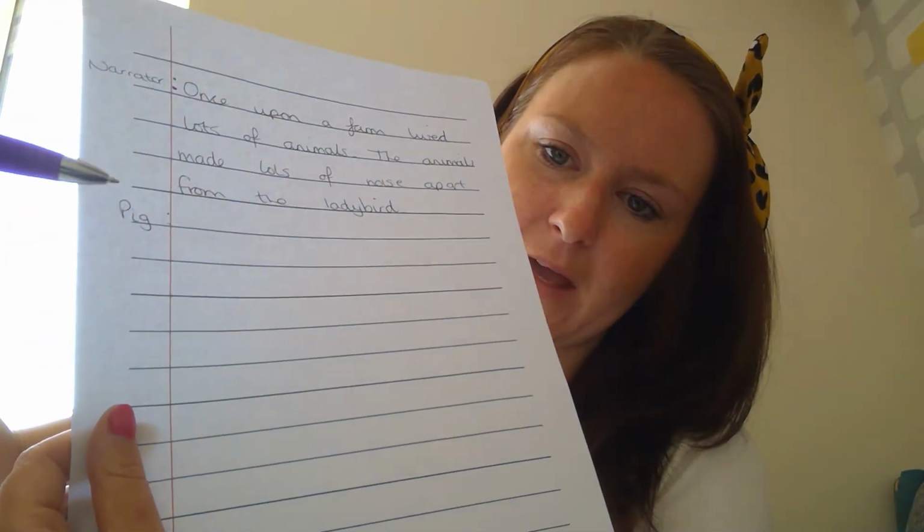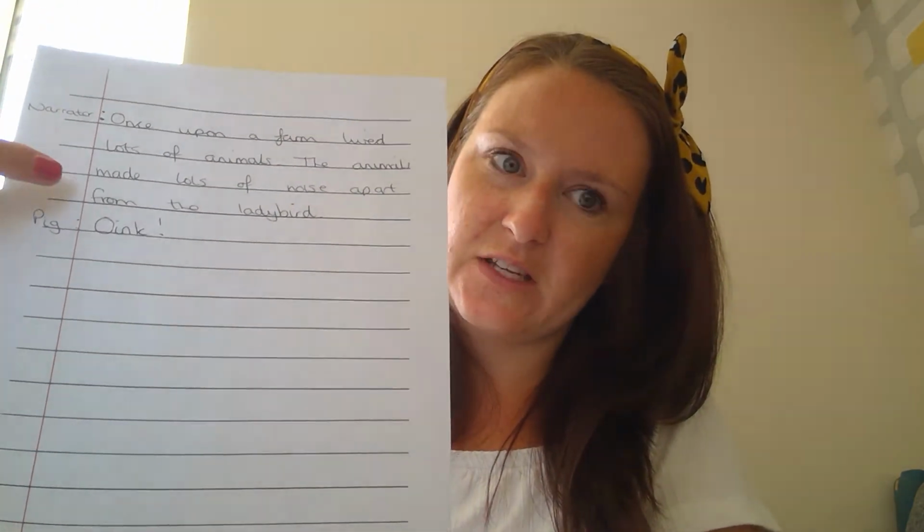So I've put pig, and I've put my colon, and pig is going to say oink. Like I said, quite a simple story. Okay, so the narrator stopped talking. Okay, so then I start a new line. That's one of our success criteria, to remember that. Okay, so pig says oink.